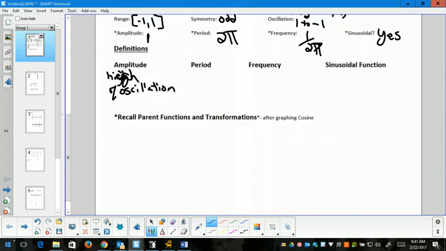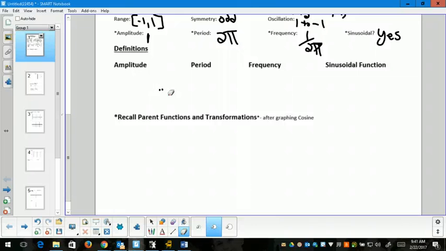I wrote how high and then I changed it to height of the oscillation. The period is how long it takes to complete 1 cycle, or how many radians.